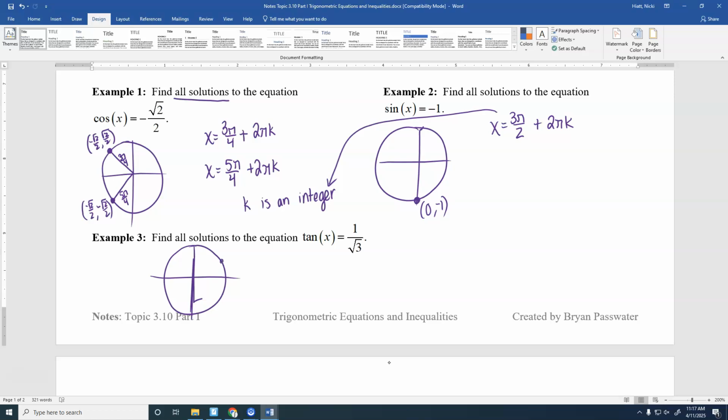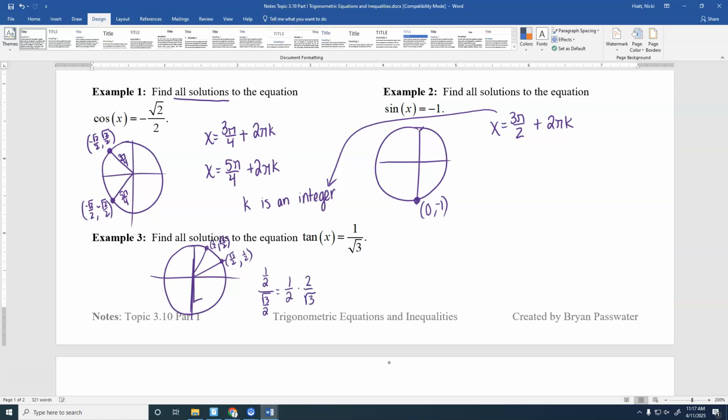These are a little trickier to figure out because right here, you've got root 3 over 2, 1/2, and 1/2, root 3 over 2. But if I do sine, which is 1/2, divided by cosine, root 3 over 2 here, dividing fractions is easy as pie.